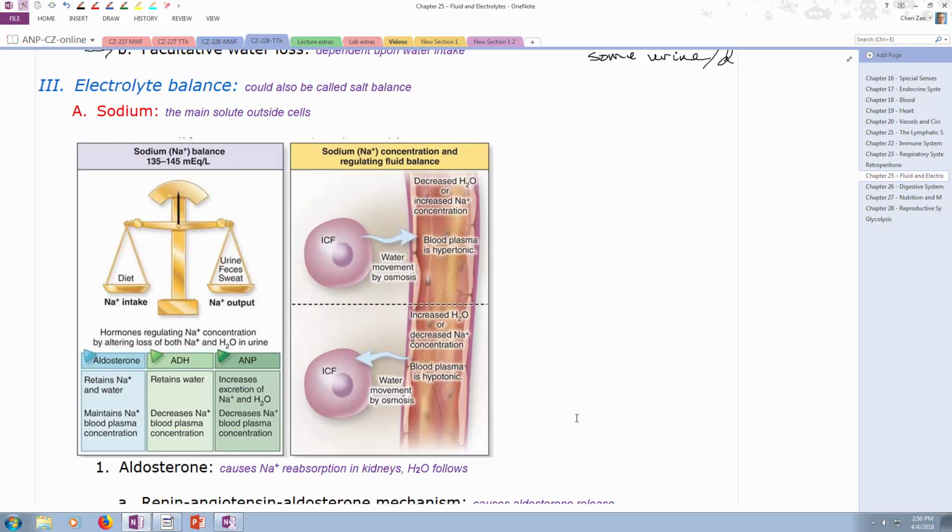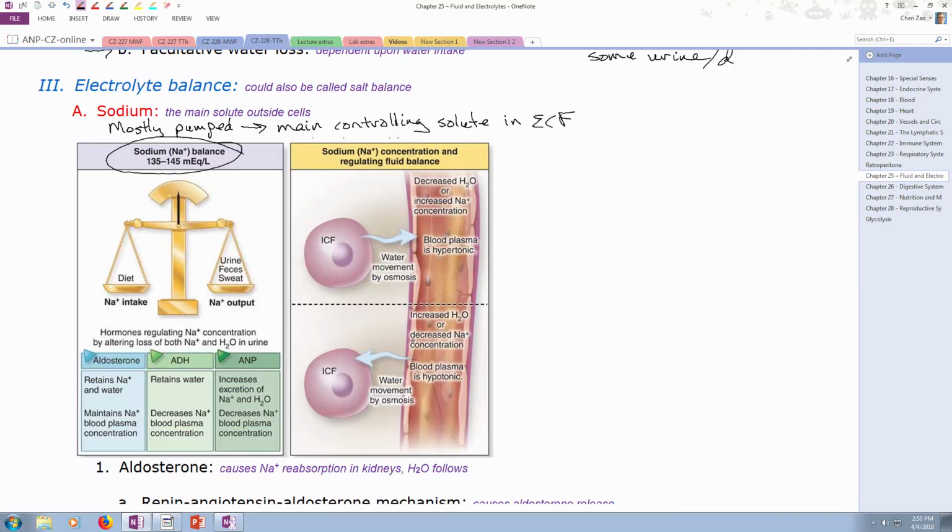And sodium chloride most often must be pumped and is the main controlling solute in our extracellular fluid.